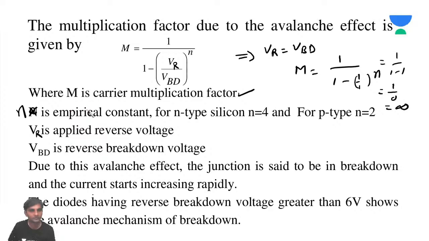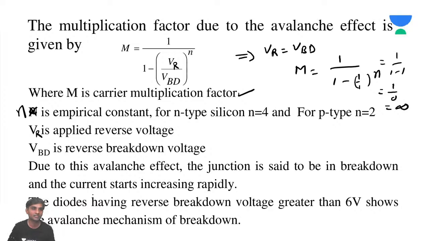Now, VBD is the breakdown voltage. Due to this avalanche effect, the junction is said to break down and the current starts increasing rapidly. A reverse breakdown voltage greater than 6 volts shows the avalanche mechanism. If it is less than 6, it is the Zener mechanism.